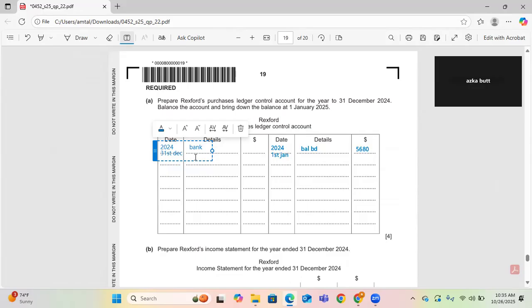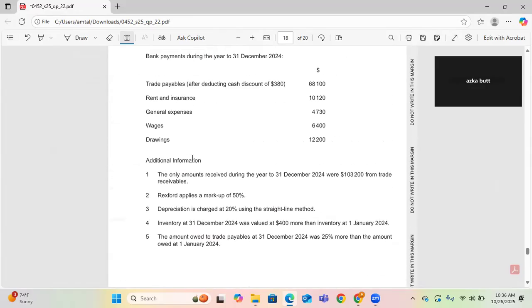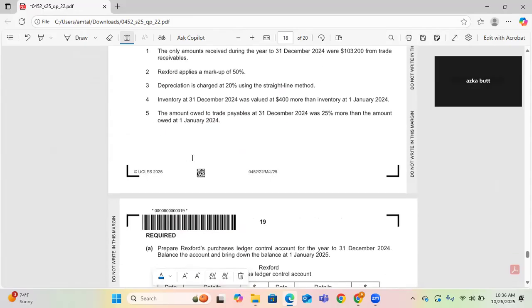The second thing is the discount received, which I think was 380. Yes, 380 is the cash discount. And how much was the payment? 68,100.